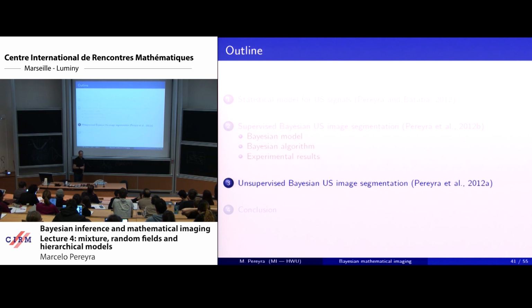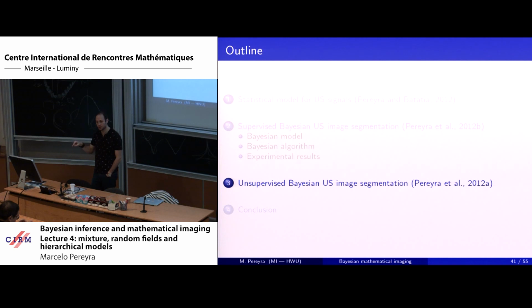And again, I'm not expecting you to retain the details of what the algorithm is doing exactly. What I wanted to illustrate in this talk was that another reason why Bayesian inference is interesting for imaging is that you can push a lot the boundaries of the models you can use. So if you're going to just solve things by optimization or by linear algebra, then you cannot get away with models that are very complicated.